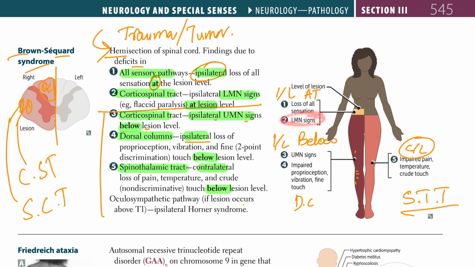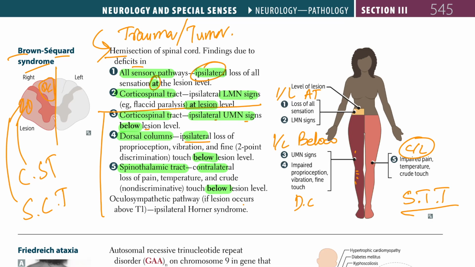So you get lower motor neuron signs and symptoms at the lesion, while the corticospinal tract will have an upper motor neuron lesion below the lesion.